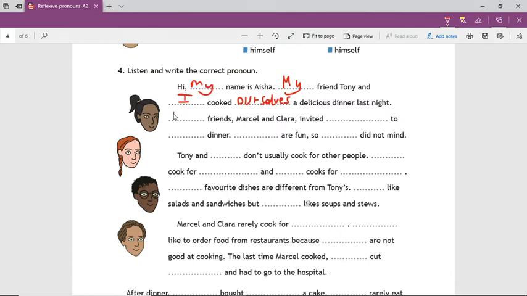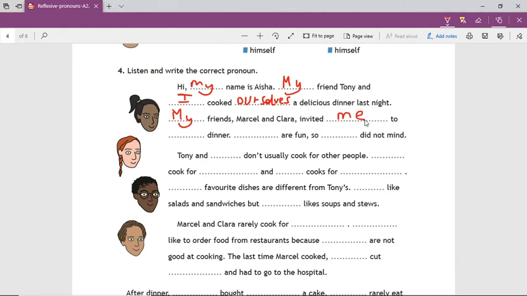Next up, again we're going to start with my. So it's my friends, Marcel, Clara, and Clara invited. And the next bit, my friends, Marcel and Clara invited me. So it's talking about me.